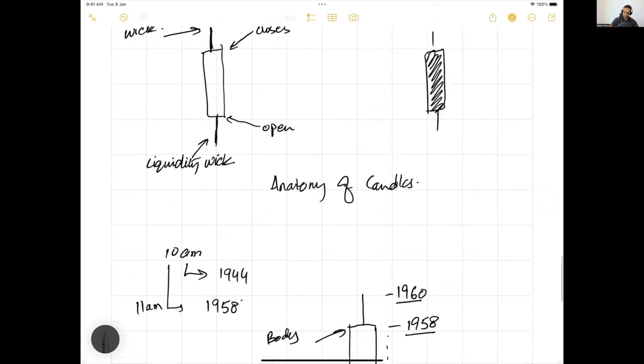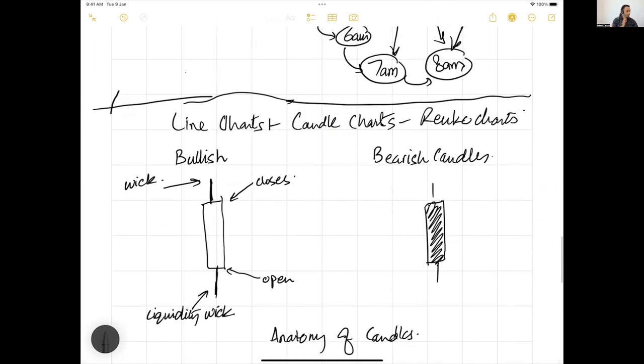Right. So keeping this in mind, as we're looking at the bullish candle, this is where we have a liquidity wick at the bottom, and then an upper wick here at the top, because these wicks basically mean how far the candle moved to the bottom side and how far the candle moved to the top side.